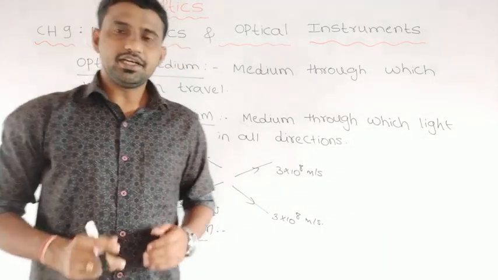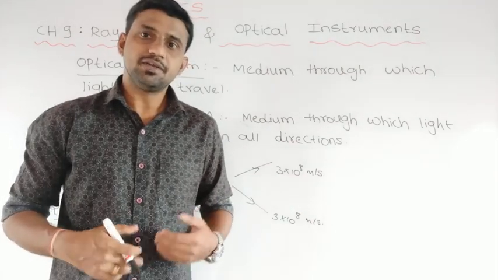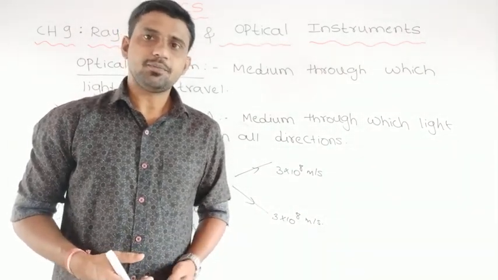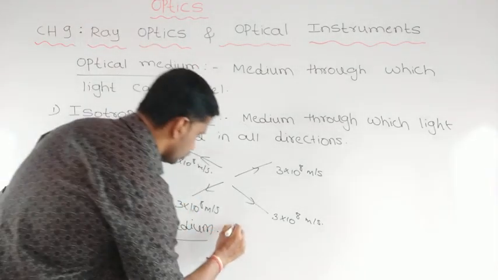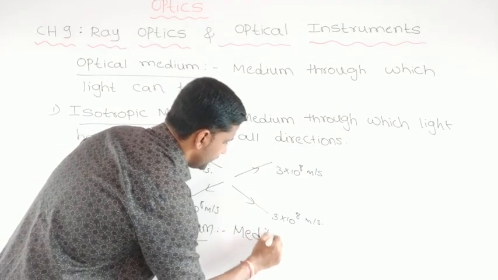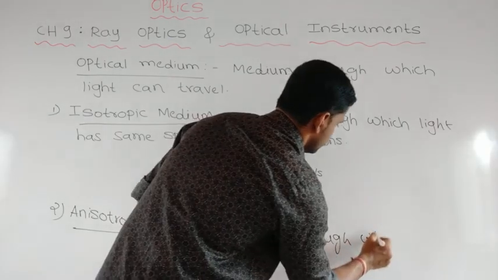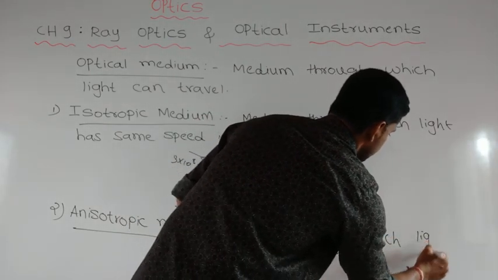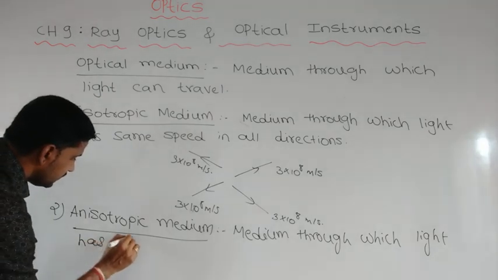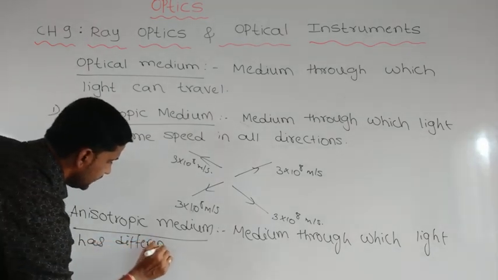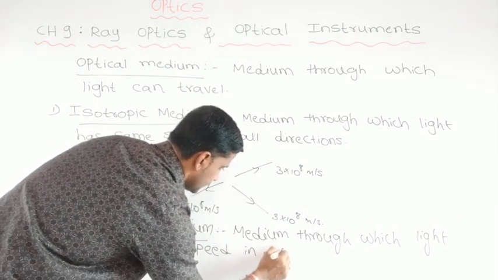Anisotropic medium means it is a medium through which light has a different speed in different directions. Then that type of medium is called an anisotropic medium. It is the medium through which light has different speed in different directions.